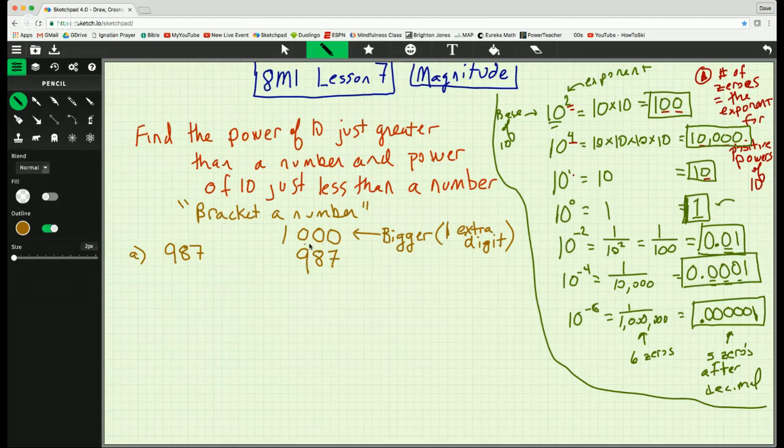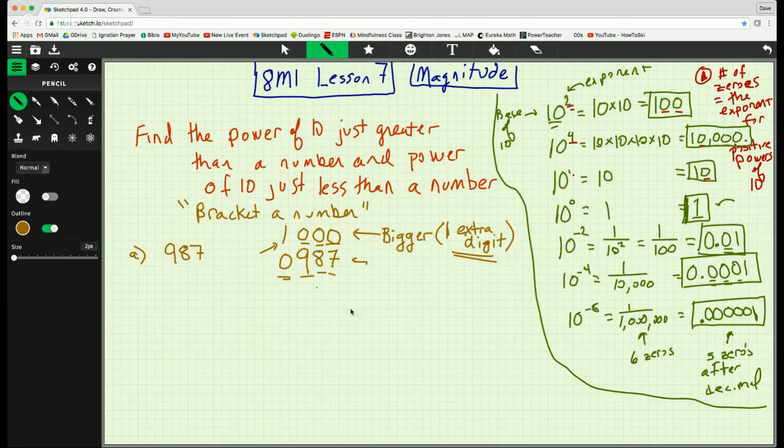And you can just test this out. This is the rule that I might use, but you can just write it out. If this has 3 digits, this is going to have those same 3 digits with zeros, plus an extra digit. So this is our thousands place, and in this number there are no thousands.